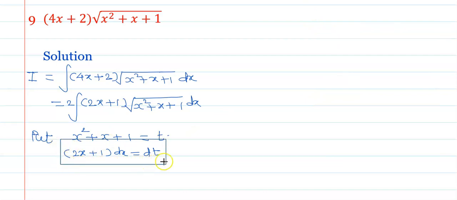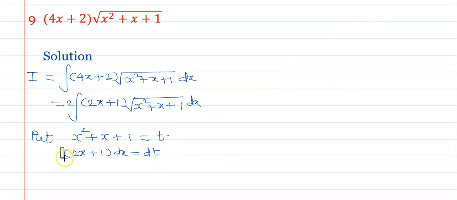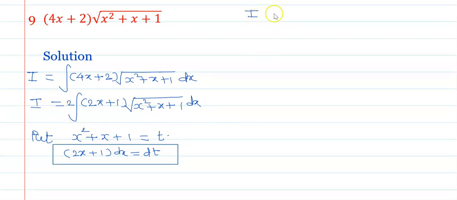Once you get this, our integral will be the easiest one. Therefore, our integral I can be written as I is equal to the integral of 2 into (2x plus 1) into root of (x square plus x plus 1), bracket complete, into dx.